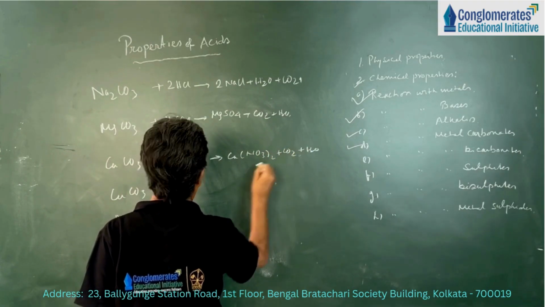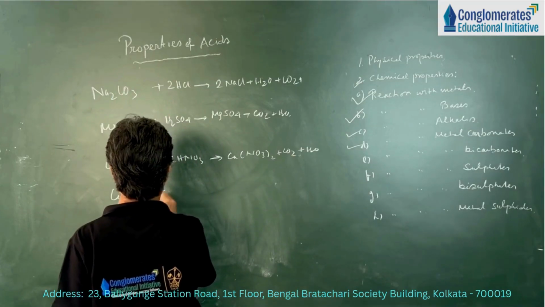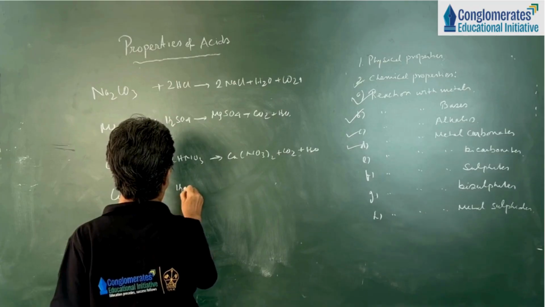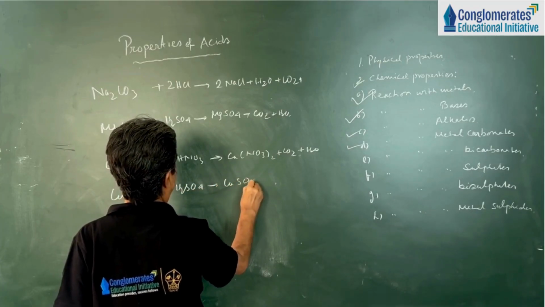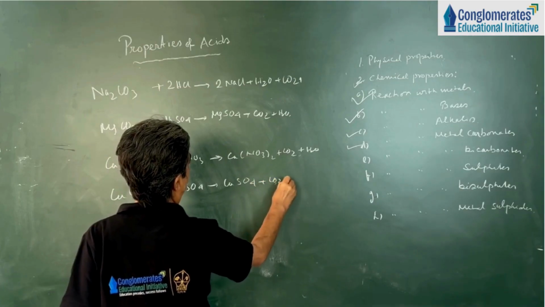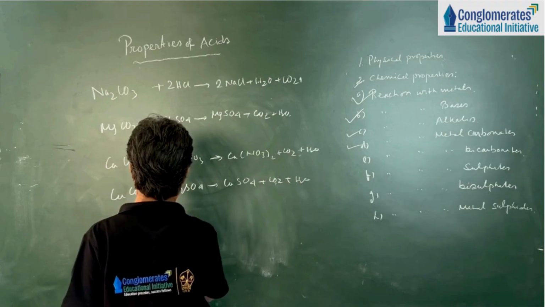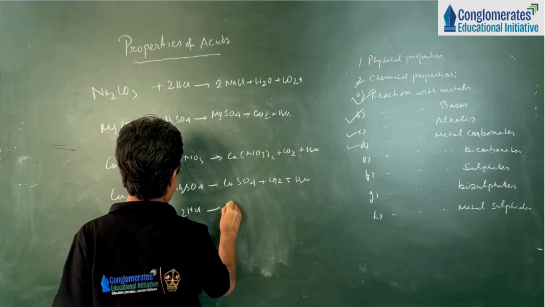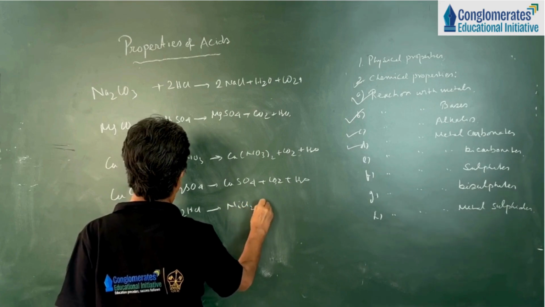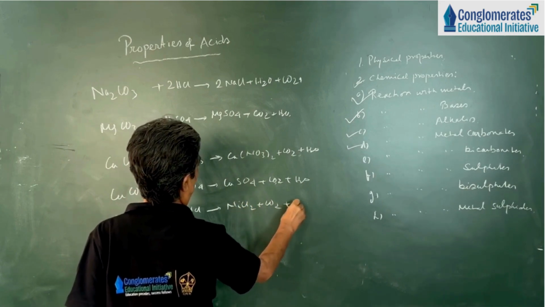In all cases, carbon dioxide will be evolved. Here copper carbonate plus dilute sulfuric acid gives copper sulfate plus carbon dioxide plus water. Now here we can take dilute HCl, 2HCl, and we get nickel chloride NiCl2 plus CO2 plus water.